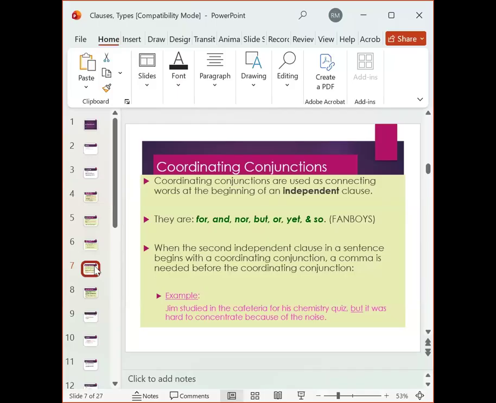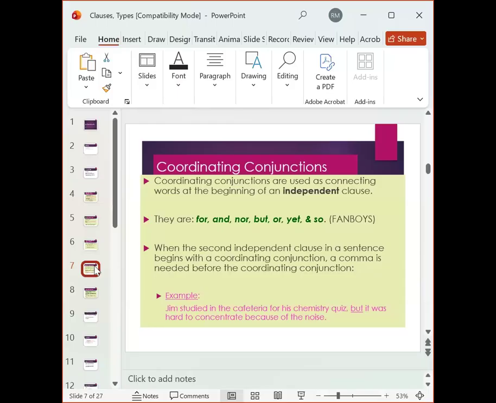So now we've seen two sets of conjunctions that enable us to form dependent clauses and to connect two independent clauses. Farm boys is for independent clauses. So know that farm boys are independent.